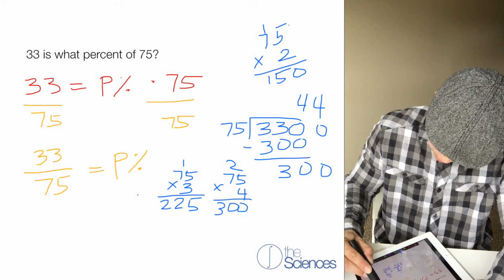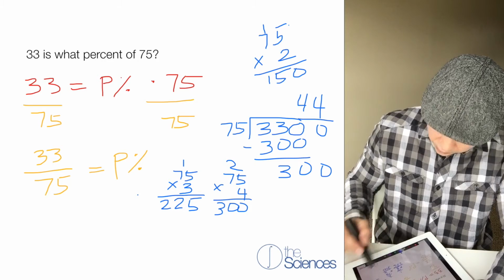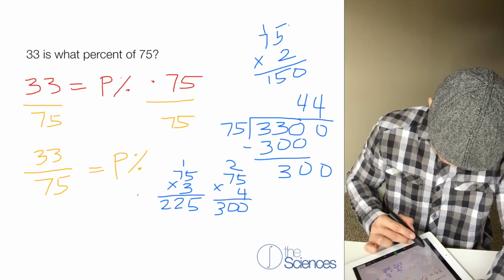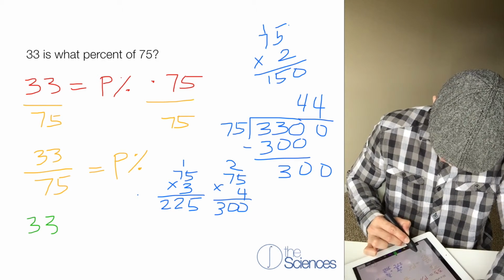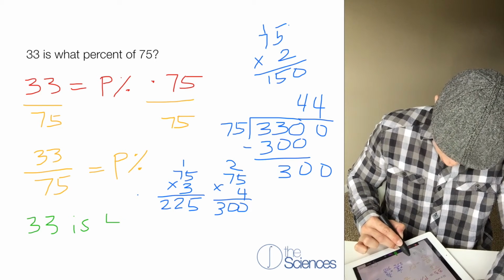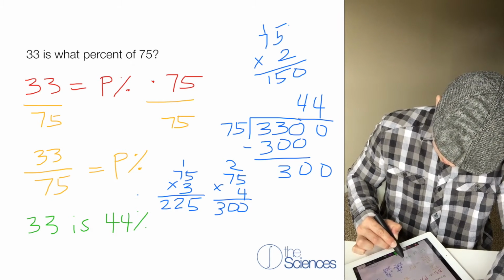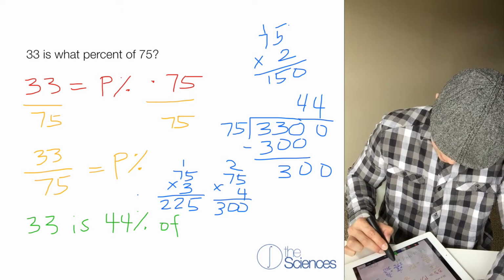So it's 44. So now our answer is 33 is 44% of 75.